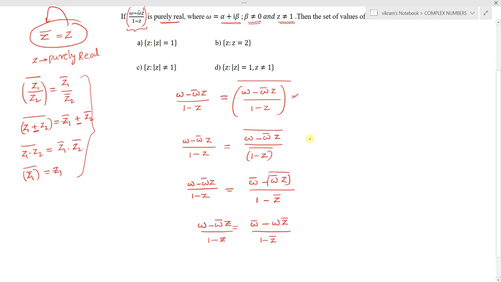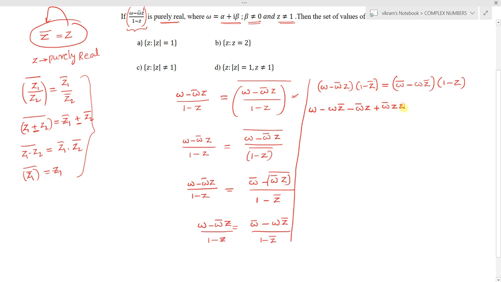Now cross multiply these two. We can write (w minus w conjugate z) into (1 minus z conjugate) equals (w conjugate minus w z conjugate) into (1 minus z). Now simplify: on the left we get w minus w z conjugate minus w conjugate z, and minus into minus gives plus w conjugate z z conjugate.